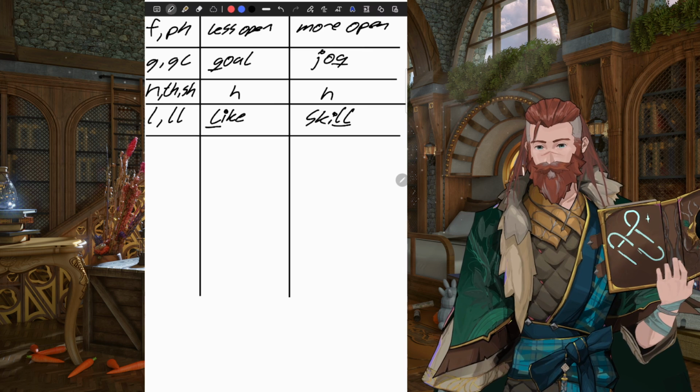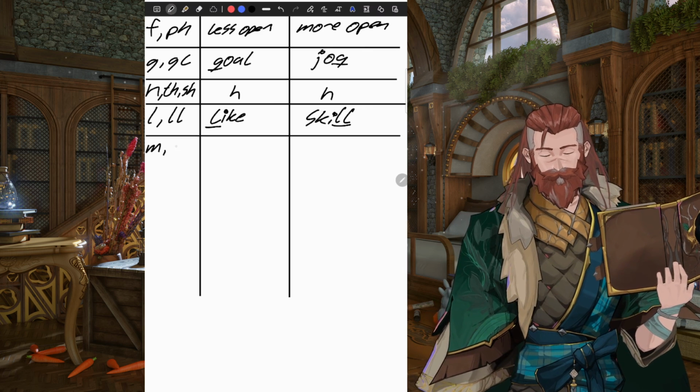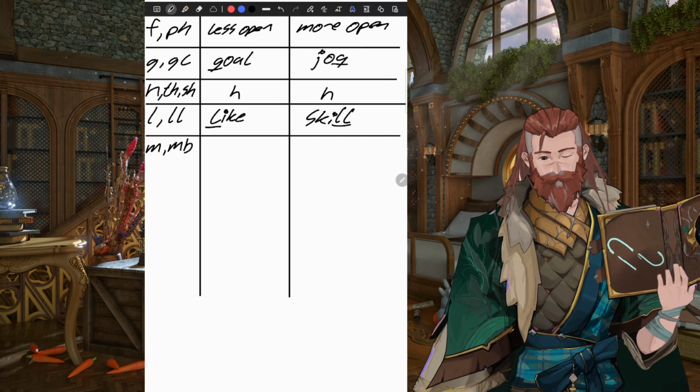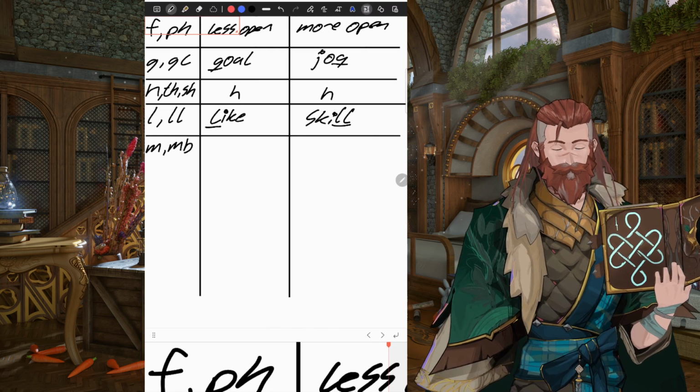Where were we? That's right. On to M and MB. Again, these are making the same sounds.